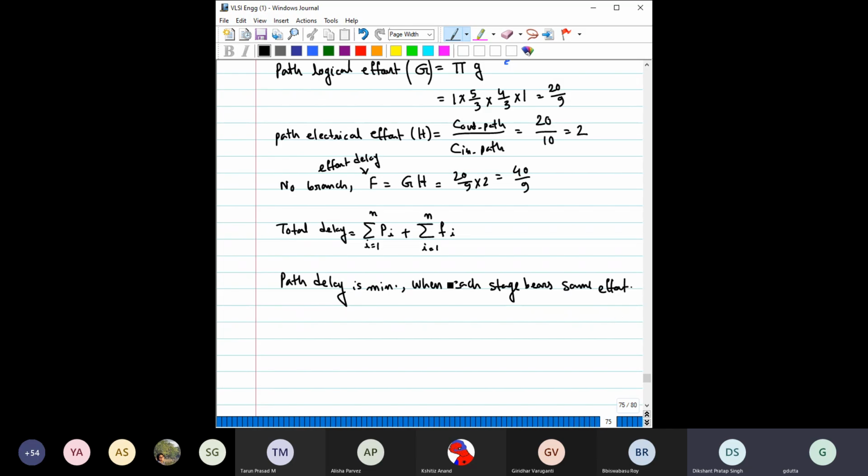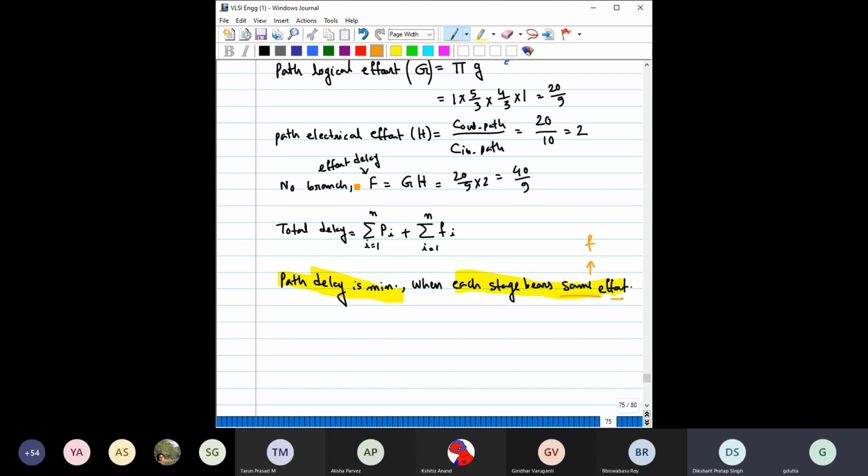So this is the criterion for minimum delay: path delay would be minimum when each stage bears the same effort, and say that same effort is f.